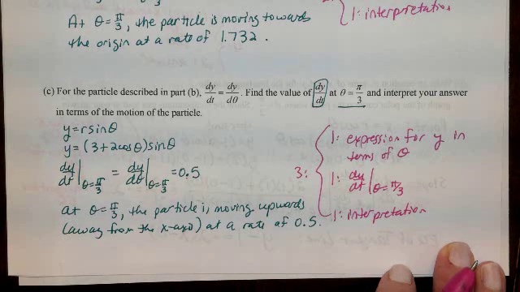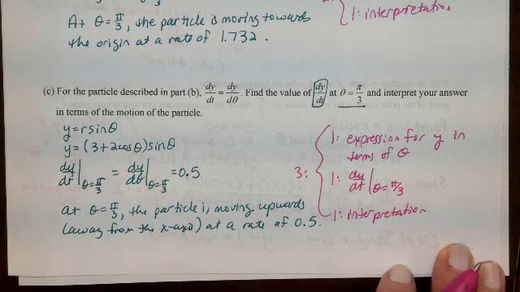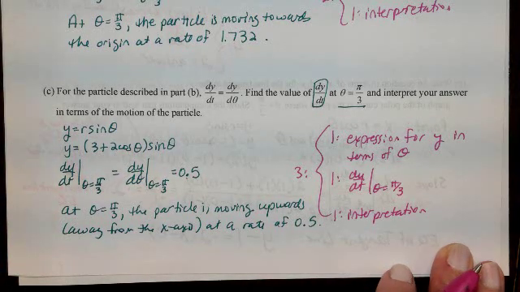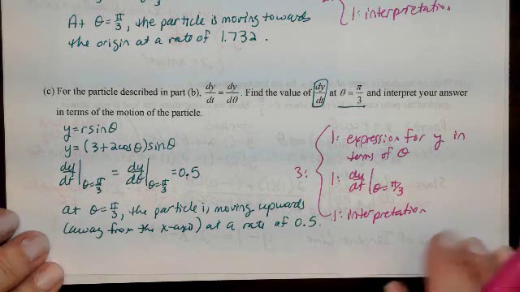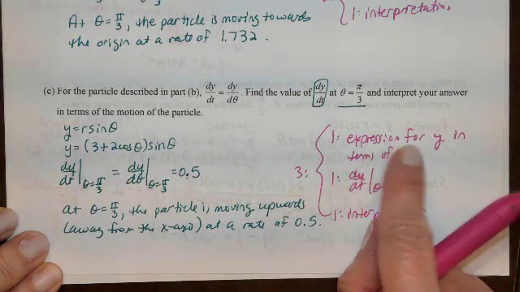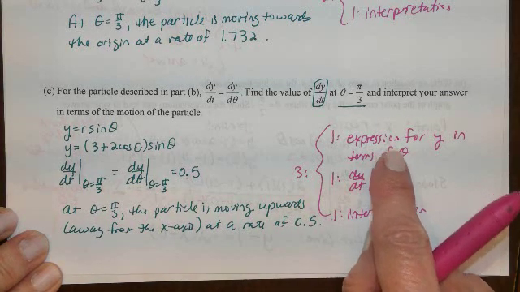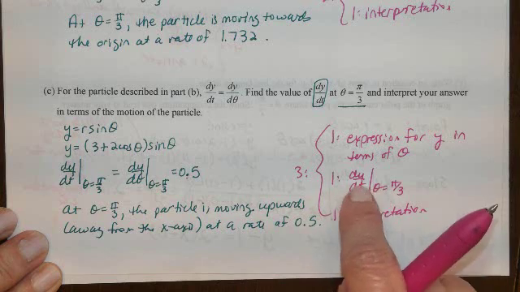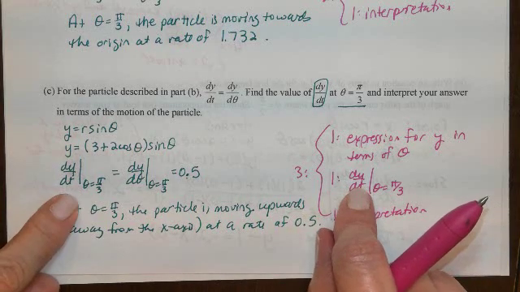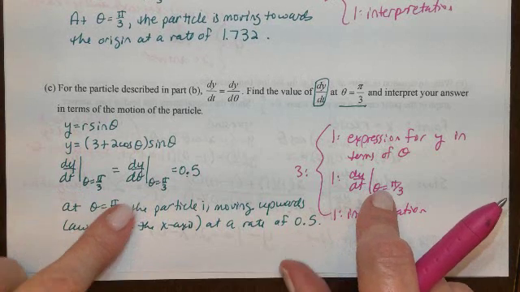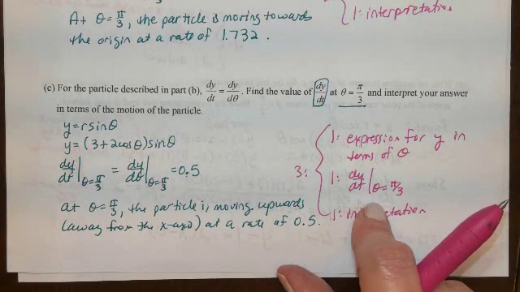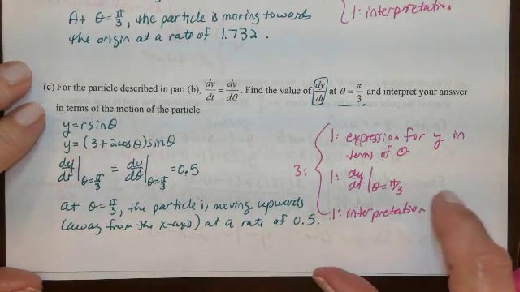Alrighty? So get every point you can. Even if you don't know really where you're going with it, I'm pretty sure you guys could have gotten that point, right? And then I think you could have gotten the derivative. You would have had to say that it was dy dt, I guess, but anyway, get everything you can out of these.